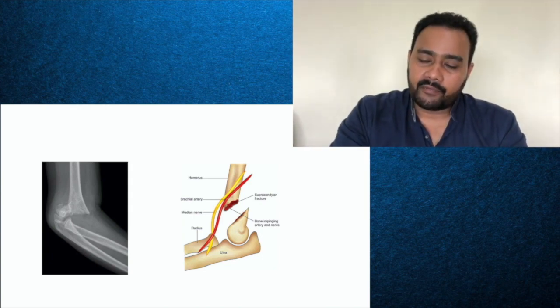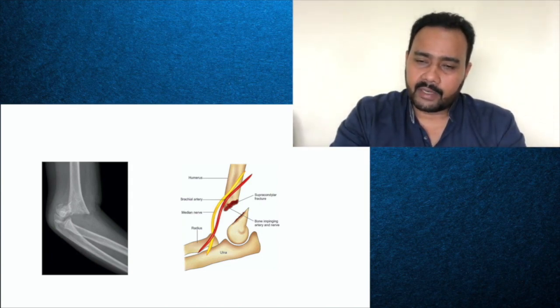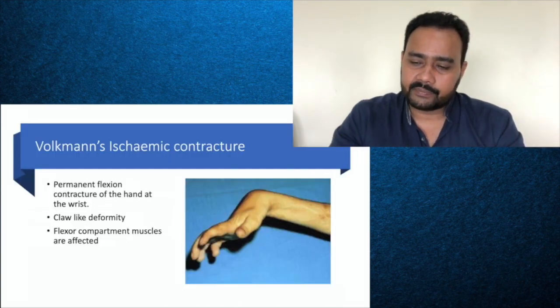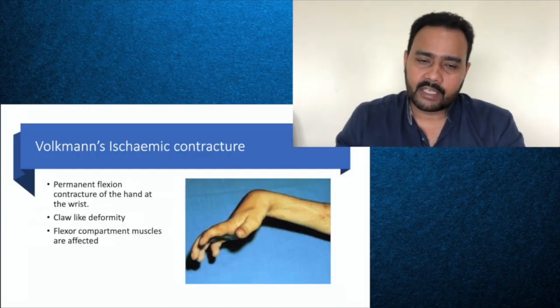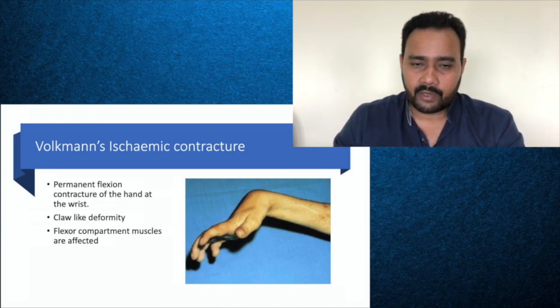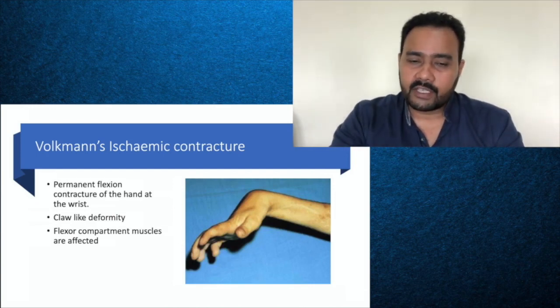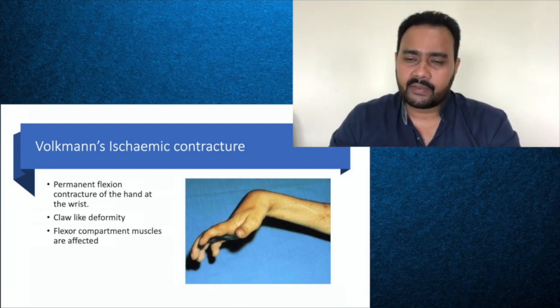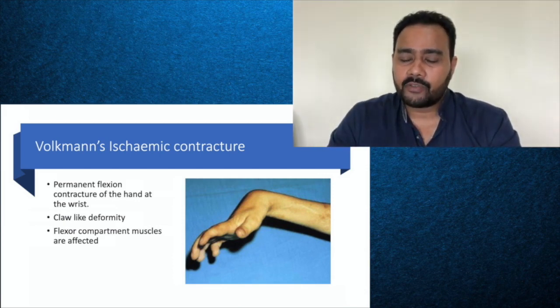But why I wanted to stress this brachial artery is that there is a condition they can develop, Volkmann ischemic contracture. That is what I told you, complications mainly in supracondylar fractures, they can develop a brachial artery injury. Because of that, they can develop Volkmann ischemic contracture. So what is Volkmann ischemic contracture? This is because of poor blood supply to the forearm muscle.